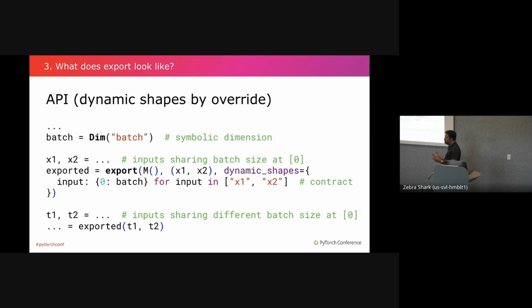Internally this is just a symbol, and it is one-to-one with the symbols used in the symbolic shapes implementation. You can use this to create a dynamic shape specification for your inputs, and then pass it to your export call. And boom, you'll get an exported program that you can now call on inputs of different batch dimensions.